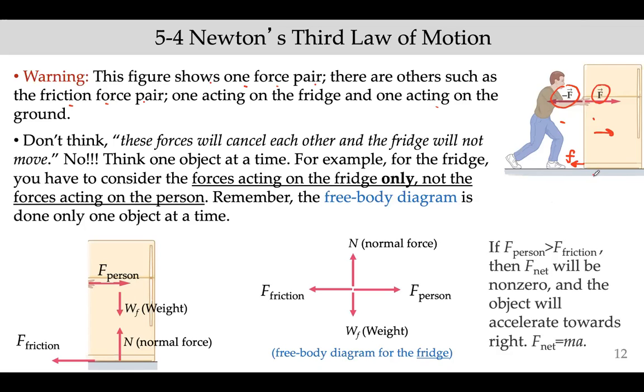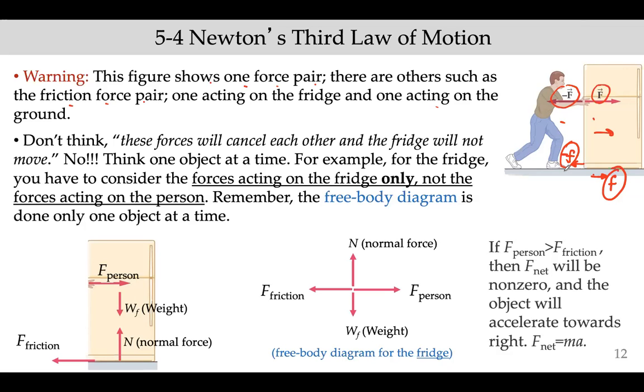The friction force that the ground feels is actually to the right. Of course, the earth is huge, or the building or the room that you are in with the fridge, you are not going to be able to move it, but still there is that friction force. So in this case, the pairs are still here, the friction forces, but one of them is in the opposite direction.